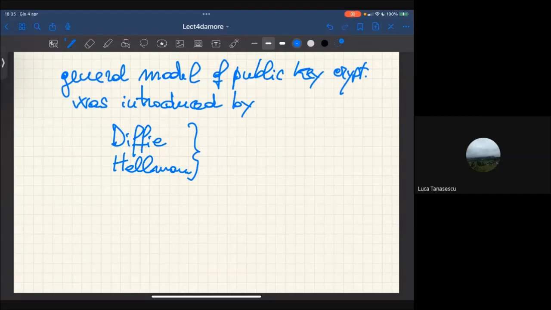The only limit was the fact that they stated the properties of the keys and they were not able to find a mathematical solution. So they just stated the properties of the keys by saying one is public, the other is private.